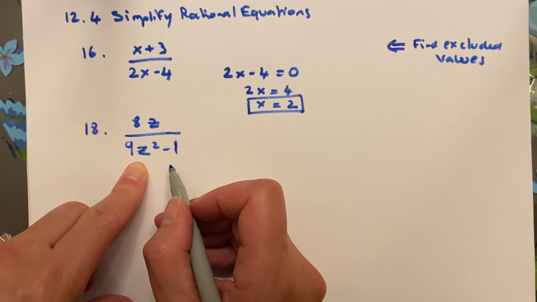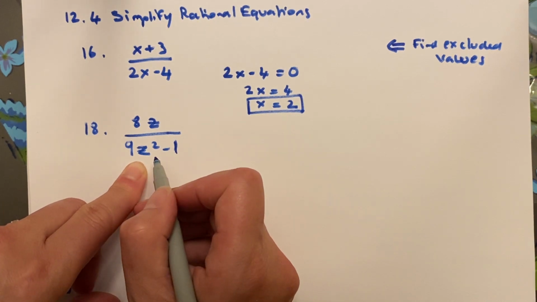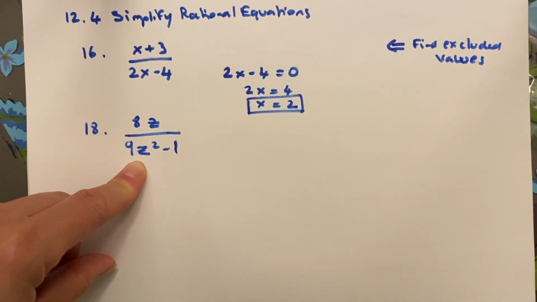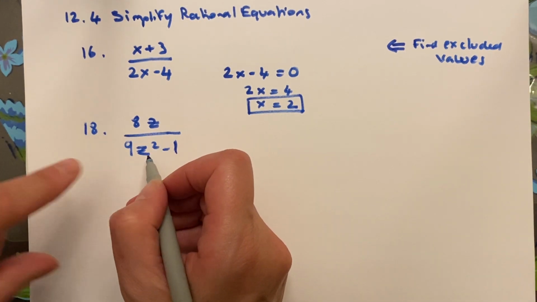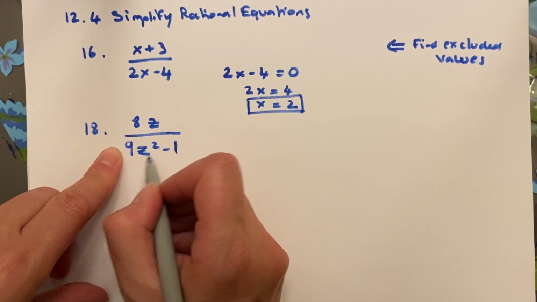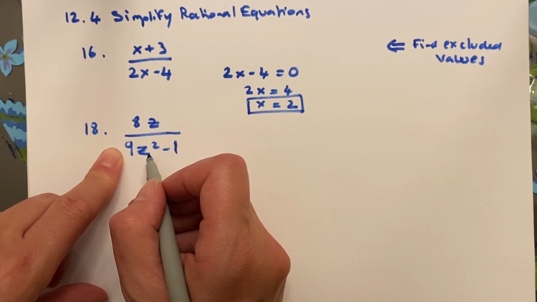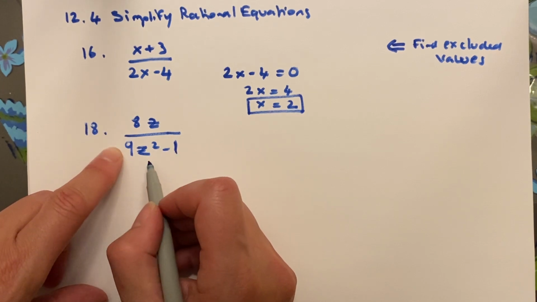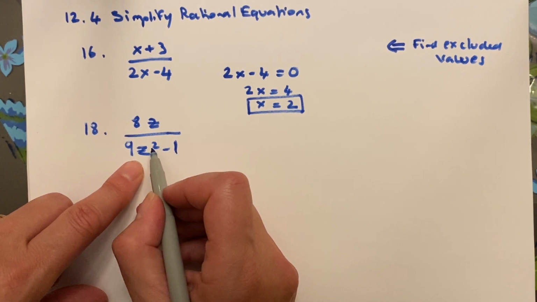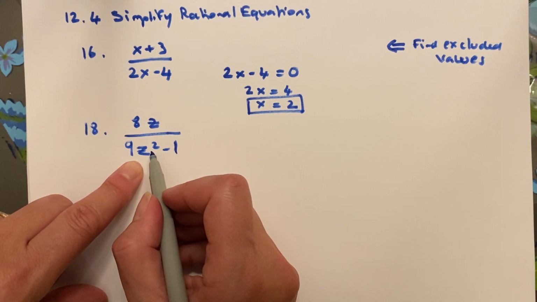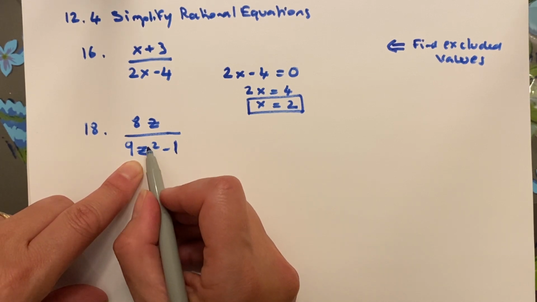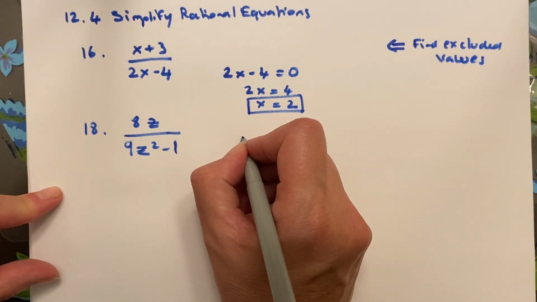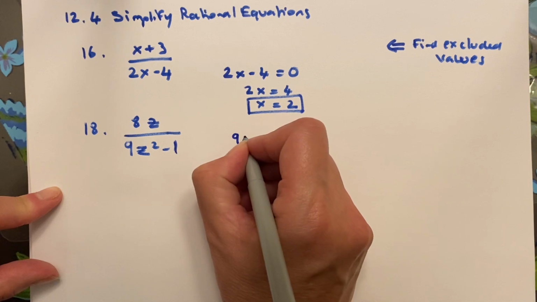Some of you will be able to see that as long as this 9z squared value is 1, because you want 1 minus 1 to be 0, that means that whatever z squared is must equal 1/9. And you can backtrack and say, okay, that's either got to be 1/3 or negative 1/3. That's a little hard to do, but that is one way. You can just try to think through it.